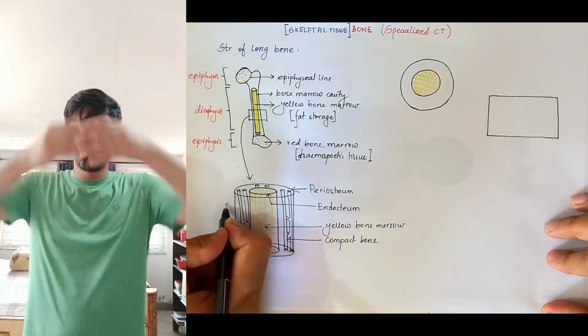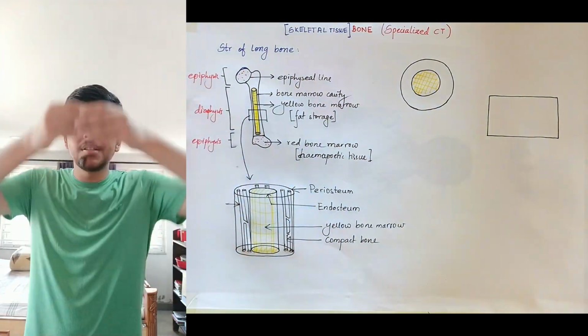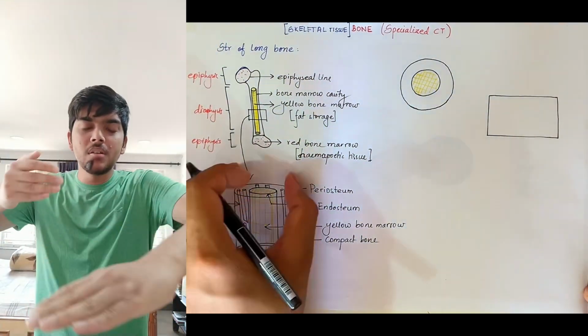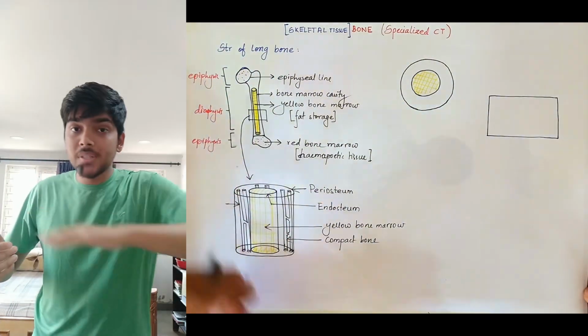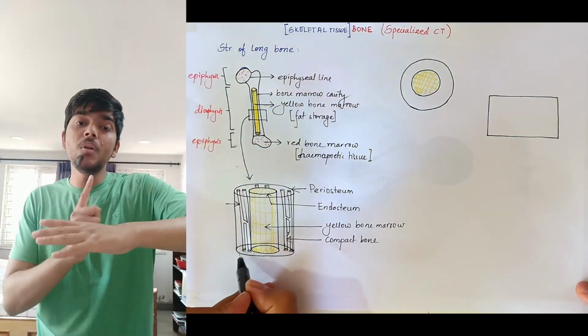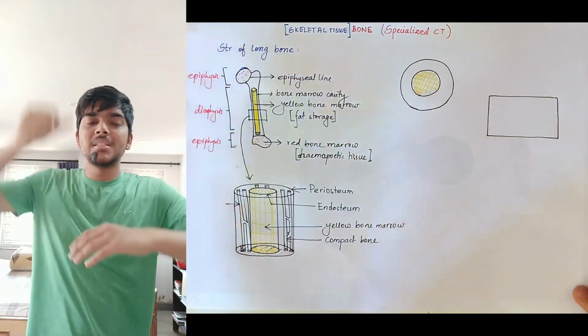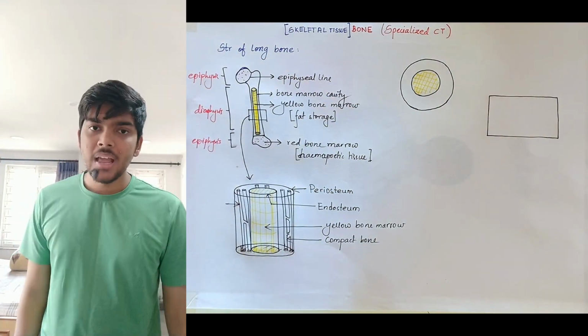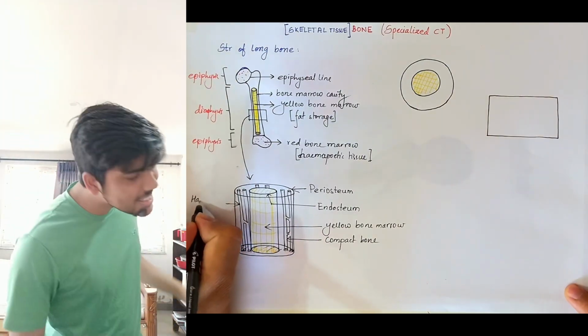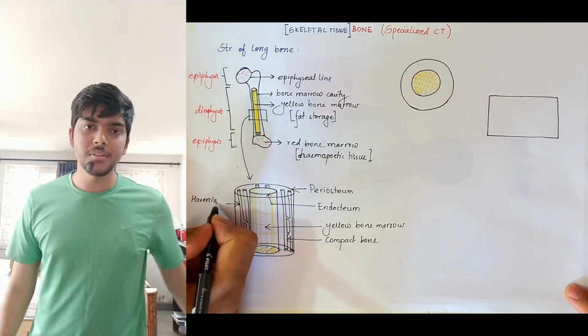What do I mean? Here's the diaphysis. Chop it. What you get is the transverse section. Perpendicular to this transverse section are these canals. So these canals are vertical canals, and they are known as Haversian canals.